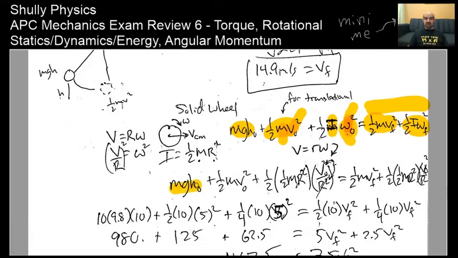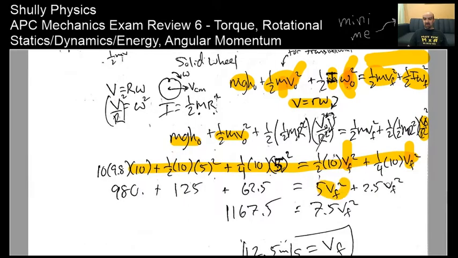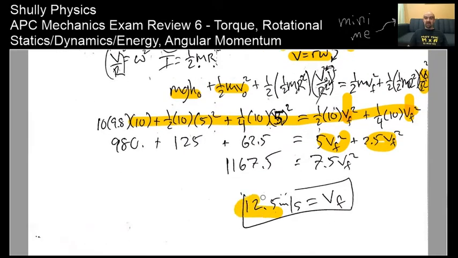So we're going to have mgh plus 1/2 mv squared, that's translational kinetic energy, plus we're going to substitute I, which for a solid disk is 1/2 mr squared, and the omega, using v equals r omega, is v squared over r squared. Plug that in both sides. It looks a little sloppy here. If you plug in a bunch of numbers and solve, the only unknown is the final velocity. It turns out we can combine like terms down here and solve for the final velocity of that wheel.